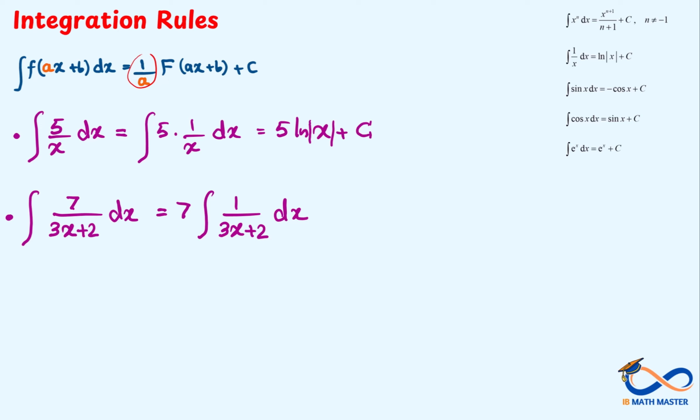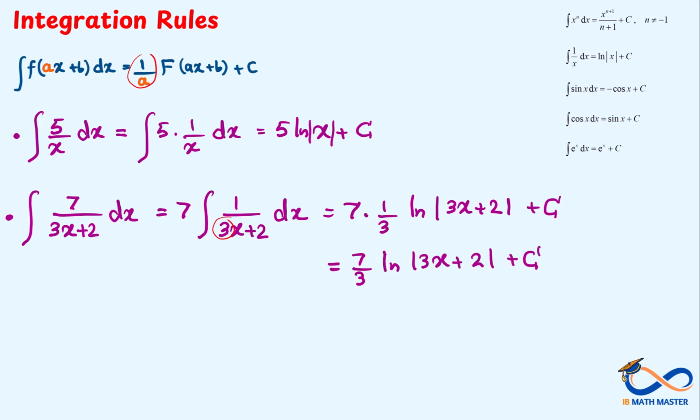So that's why here, when we integrate, first we will keep the 7, and we will write 1 over 3 as we said because of this 3. Then ln of the same denominator as it is. 7 multiplied by 1 over 3 here will be then 7 over 3 multiplied by the same ln of 3x plus 2 plus c.